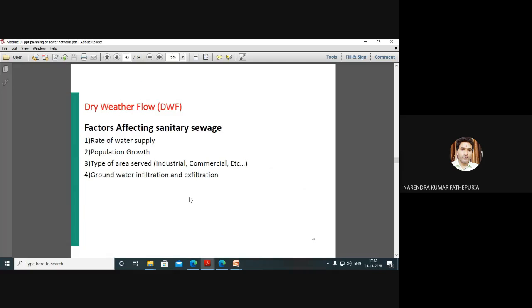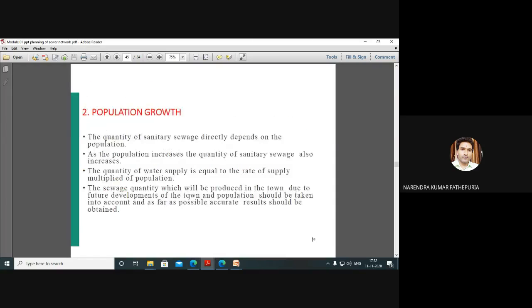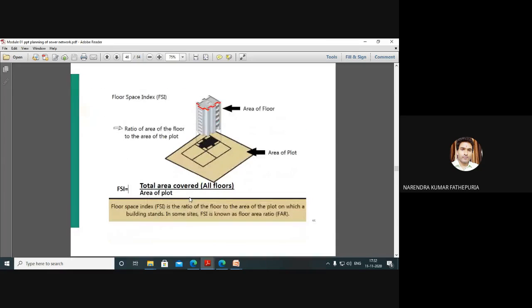Factors affecting the dry weather flow: rate of water supply, population growth, type of area served. This is the FSI index, the total area covered in all the floors divided by the area of the plot. FSI index is required to understand how much wastewater is generated from a particular area.